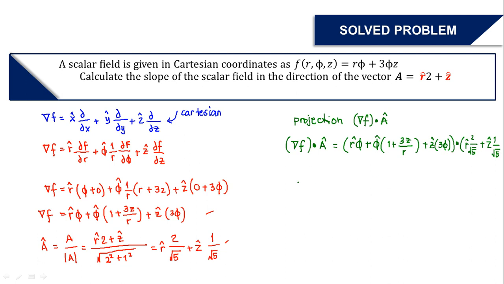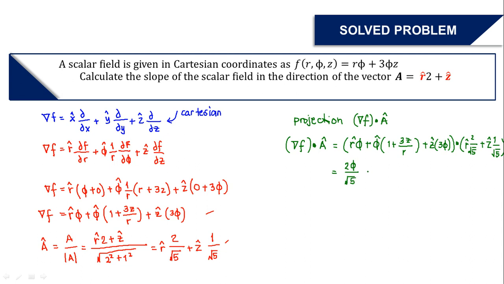Medyo ma-skip lang, no? Anyway, yan. It is now equal to, multiply lang, no? Phi times 2 over the square root of 5. So we now have 2 phi over the square root of 5.